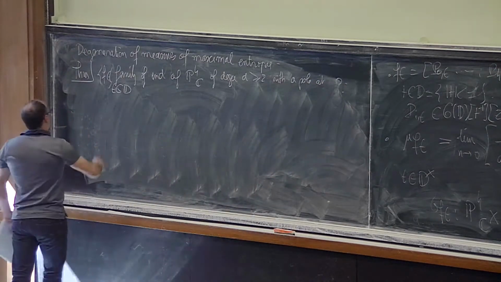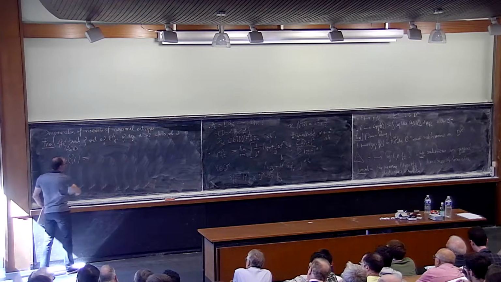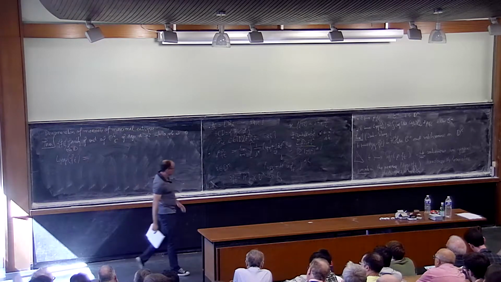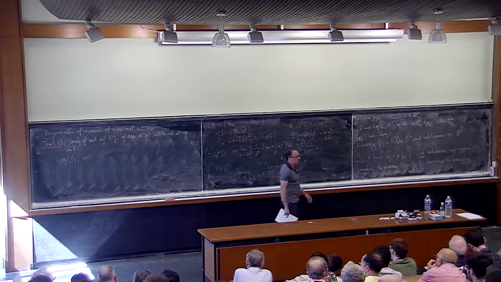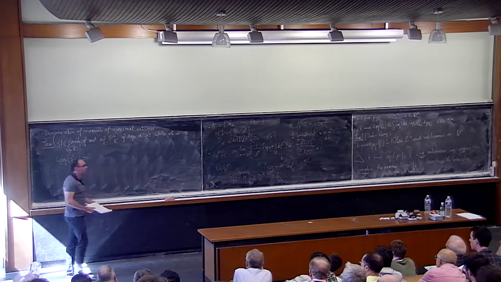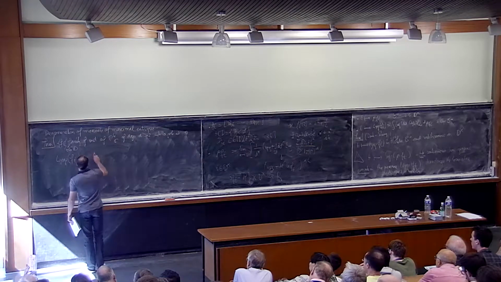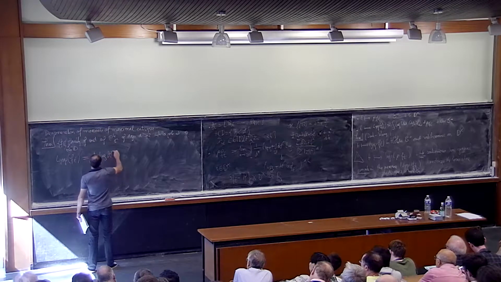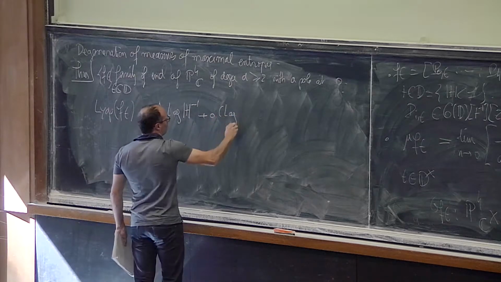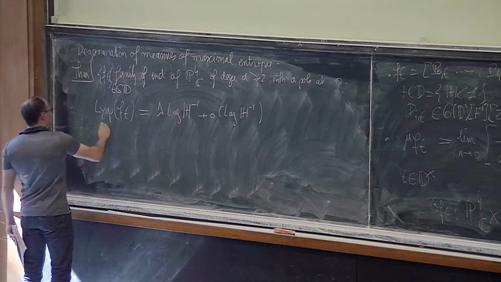Now you can look at this Lyapunov exponent, the Lyapunov function. We know it behaves very well outside the puncture. The claim is that when you get close to the puncture, the Lyapunov exponent explodes like a constant times the log of |t|. So there exists some non-negative lambda.